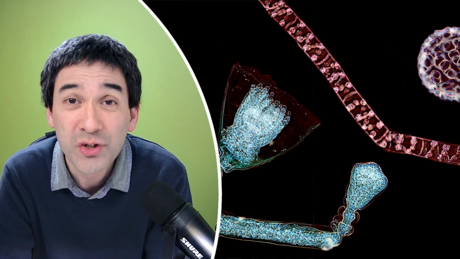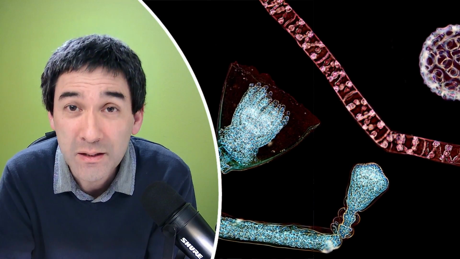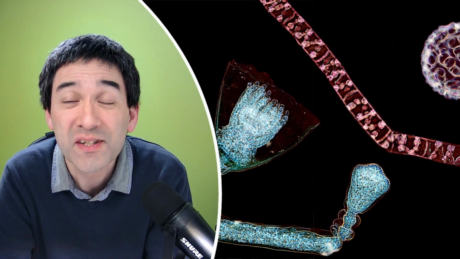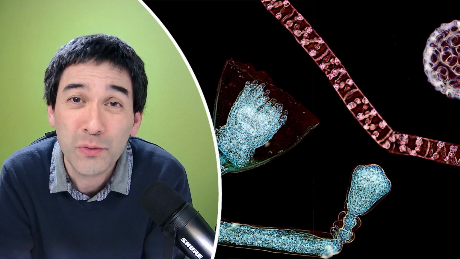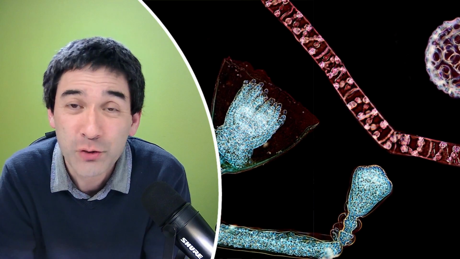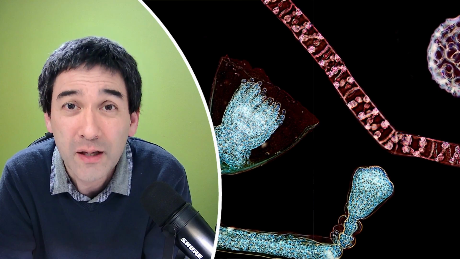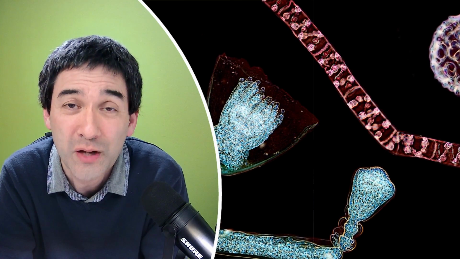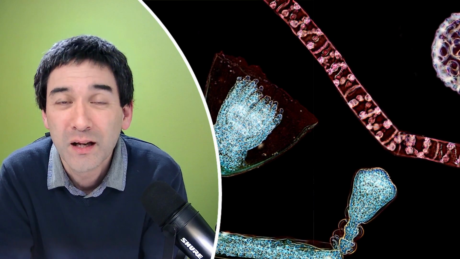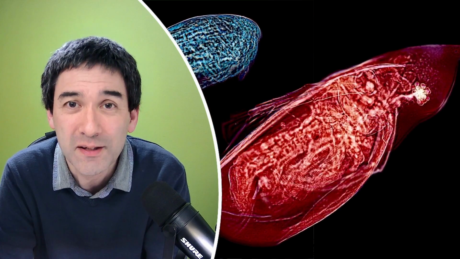So crossing a horse and a donkey is possible, but, and it's important, mules are sterile. This means you cannot take two mules and cross them again to have children. It doesn't work, right? Mules are not able to reproduce to have offspring. And for this reason, horse and donkey are considered to be separate species.